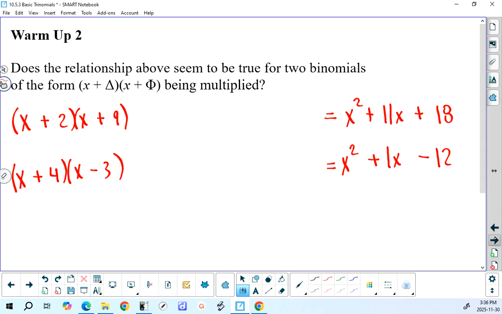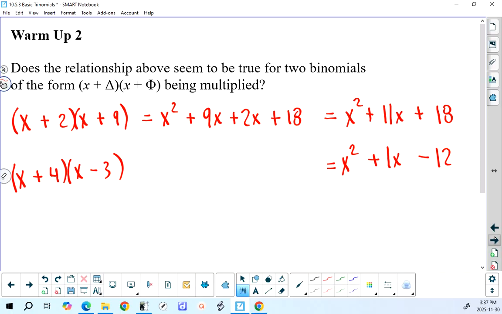So how do I do this? Well, I use FOIL. First means x times x. Outer means x times 9. Inner means 2 times x. And last means 2 times 9, which is 18. And you can see that it checks out. And I think at some point, many of you will understand why it checks out. Why are we getting 11x?